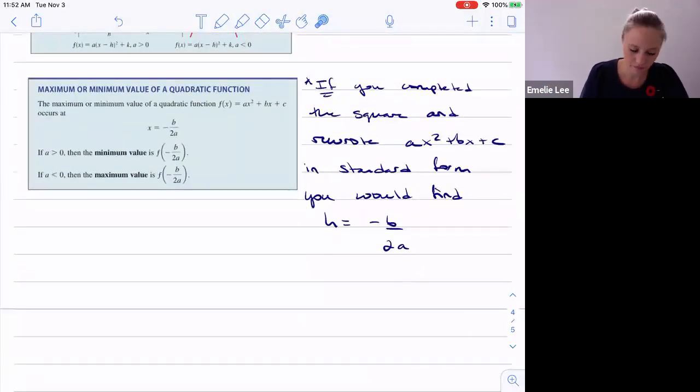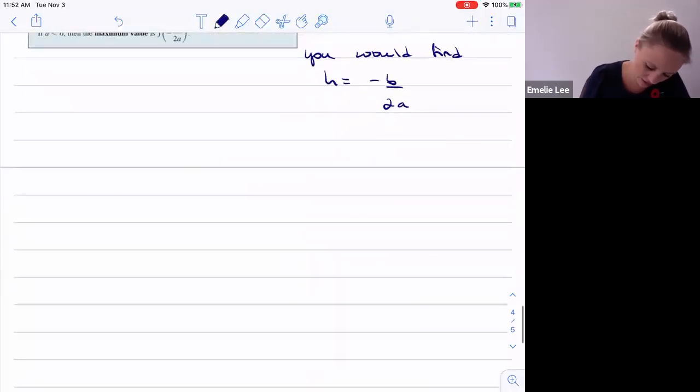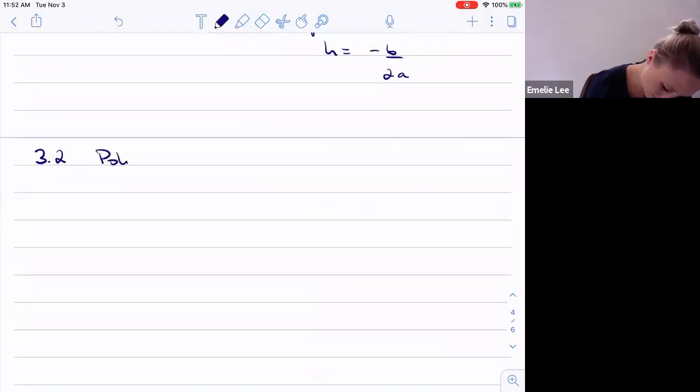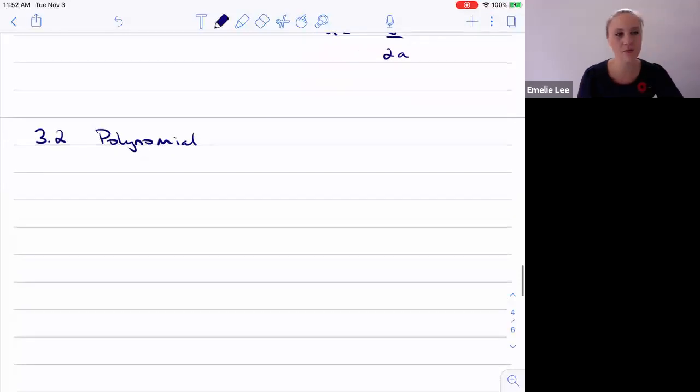Okay, so for section 3.2, it's on polynomial functions and their graphs.